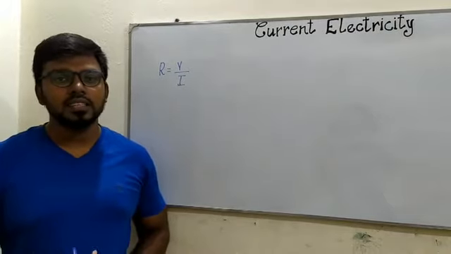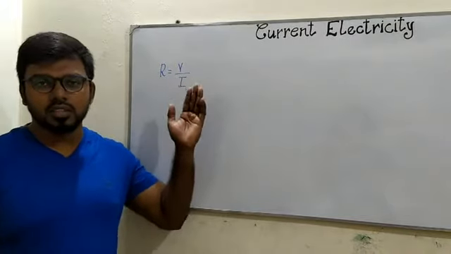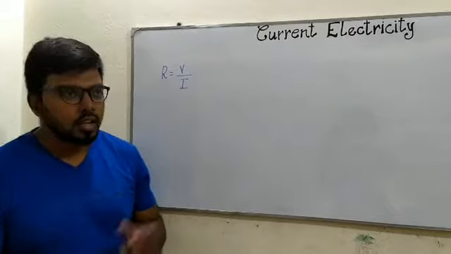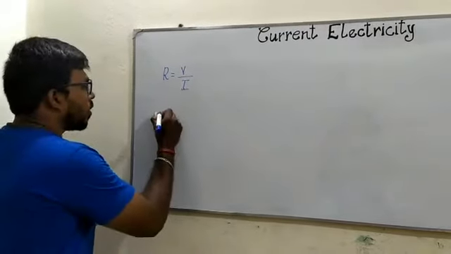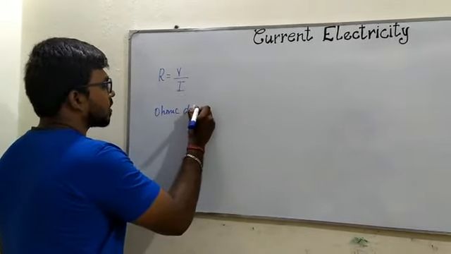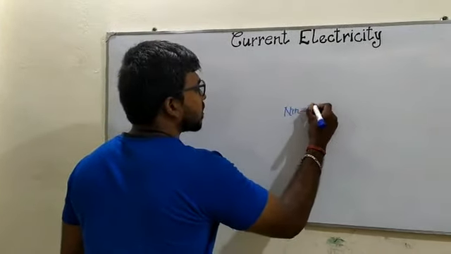Resistance can be defined as the ratio of potential difference across the conductor to the current passing through the conductor. Using this relation, we can draw a graph for ohmic devices and non-ohmic devices.